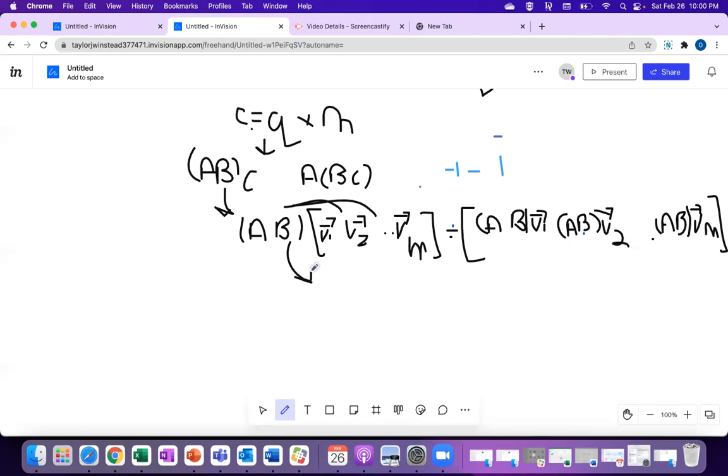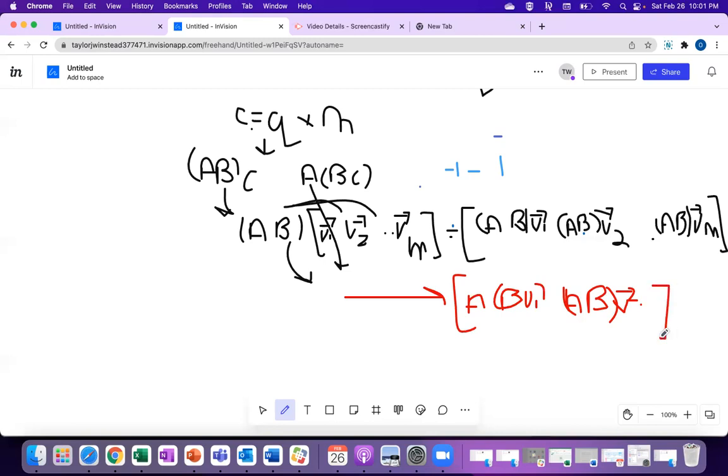But then if we do the same thing, but where we've got this second thing going on, what we end up with at the end, if we go through the same process, is A times B v1, A times B v2, and so on and so forth, right?